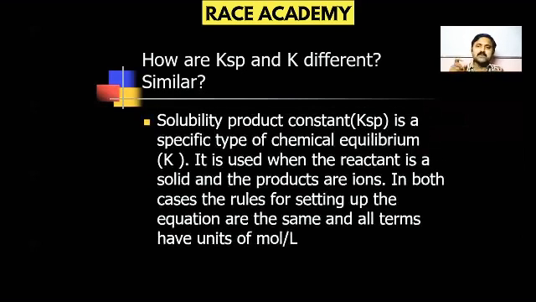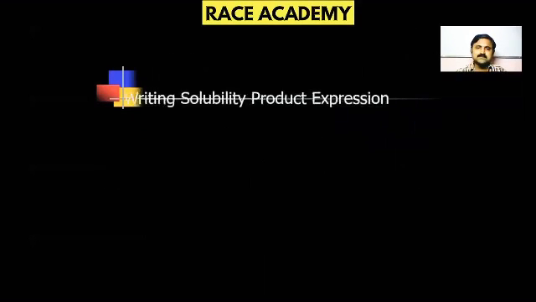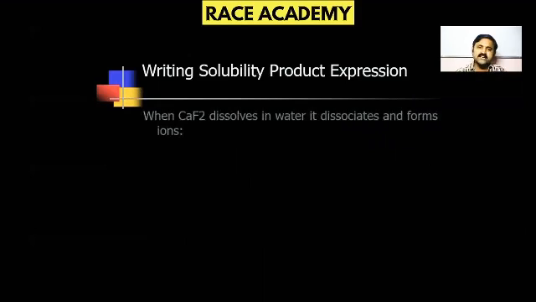See, the solubility product constant KSP is a specific type of chemical equilibrium. It is used when the reactant is solid and the products are ions. In both cases, the rules for setting up the equation are the same, and all terms have units of moles per liter. Let's write the solubility product expression for calcium fluoride.